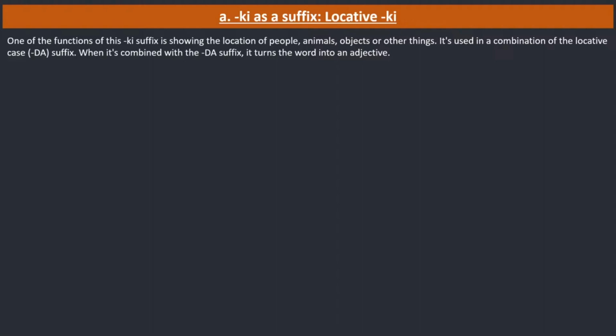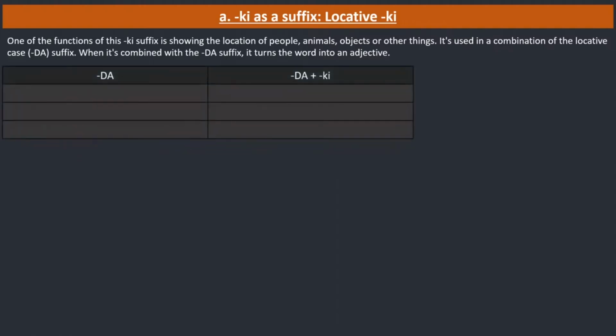So when you combine da, and of course the uppercase letters indicate that it can work in different ways: da, de, ta, te, vowel harmony and consonant changes. When you use da and ki, it turns the word into an adjective. I know the description could be a bit confusing, so let's see our examples.